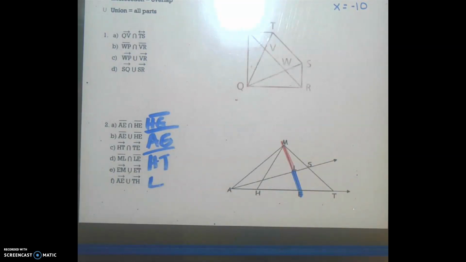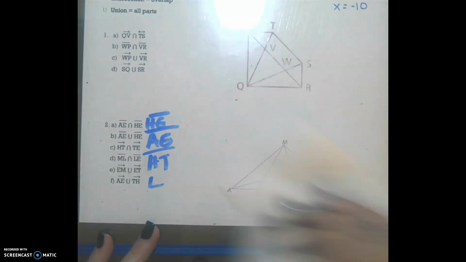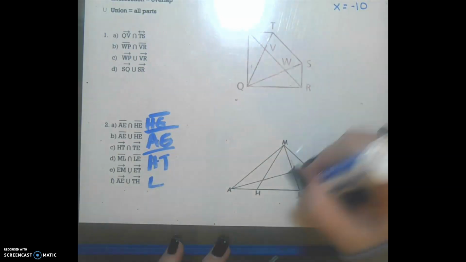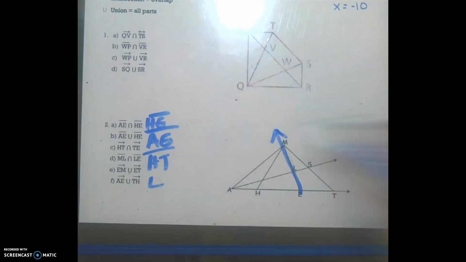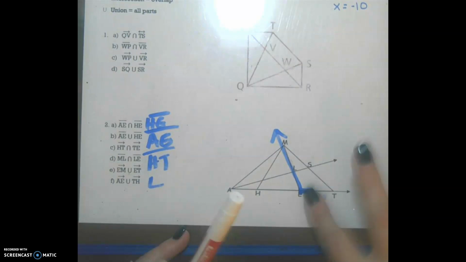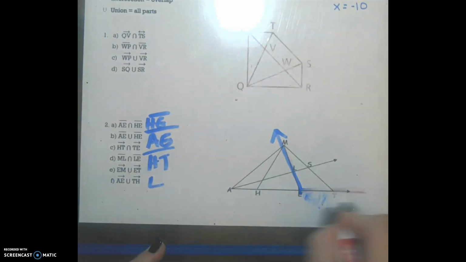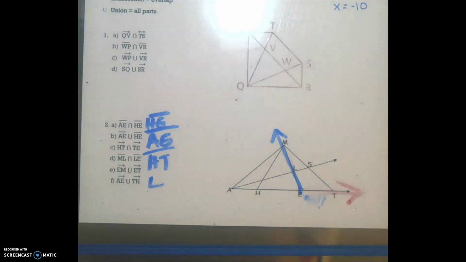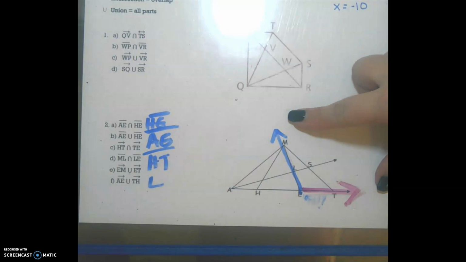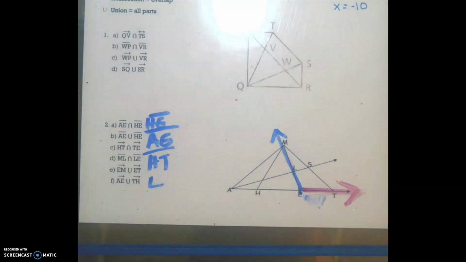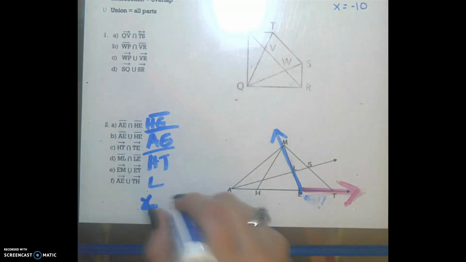Part E is asking for the union of ray EM and ray ET. Just like on number 1, this is still a union, and I'm looking for the entire part, all the parts combined. These two rays make an angle with each other, so our answer is going to be angle MET.